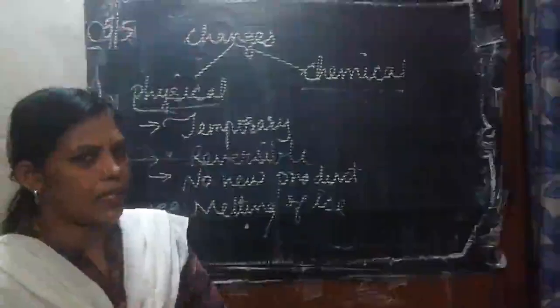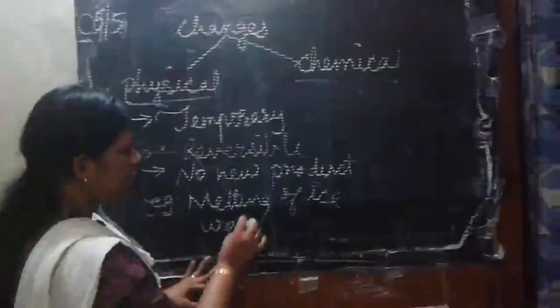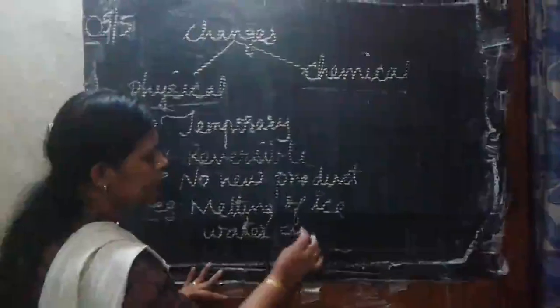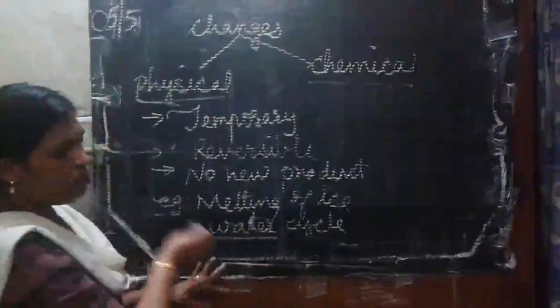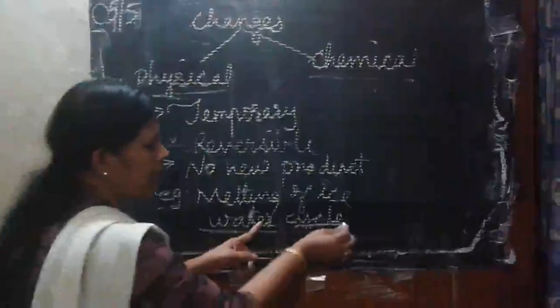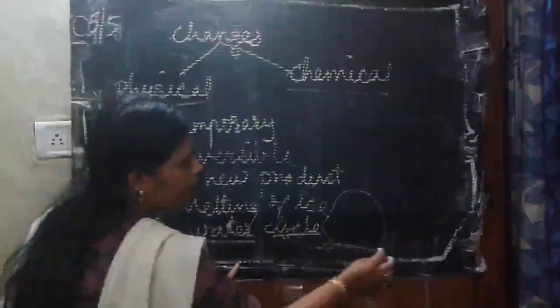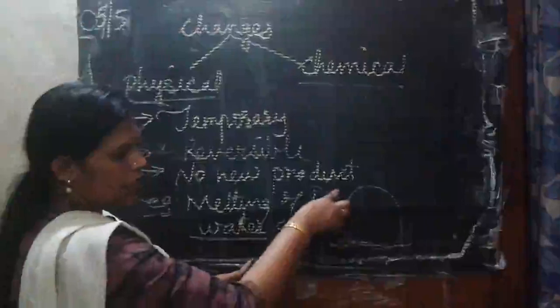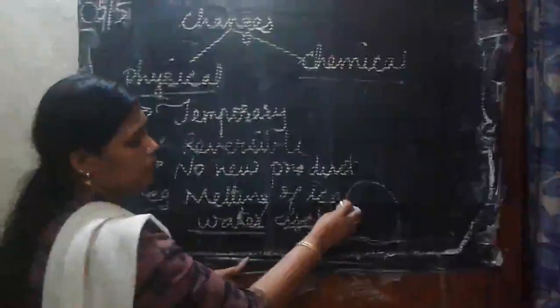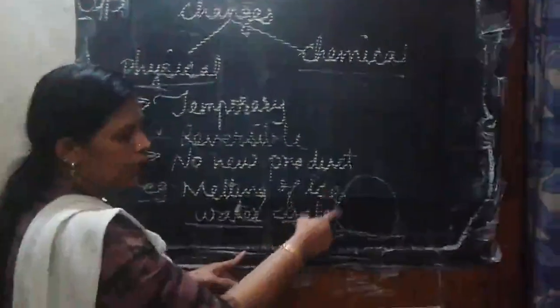And one more example, the formation of the clouds, that means the water cycle. If water cycle is there, is it a physical or chemical change? Water cycle means the continuation. From the water body, it changes into gaseous form. That water vapor comes up.